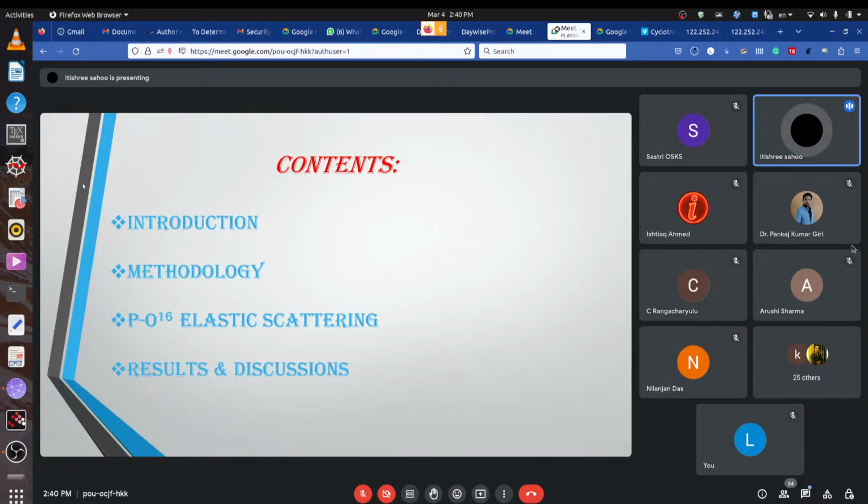We are taking two charged particles here. The interaction between two charged particles, and we will briefly discuss an introduction and the methodology we use here, and then the elastic scattering between the proton and oxygen system, and in the end we will discuss the results and discussion.